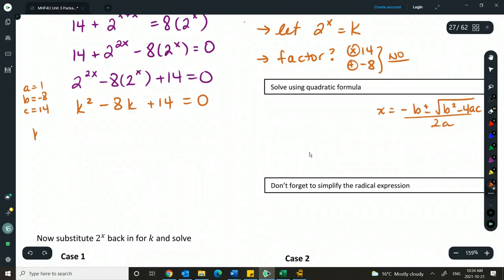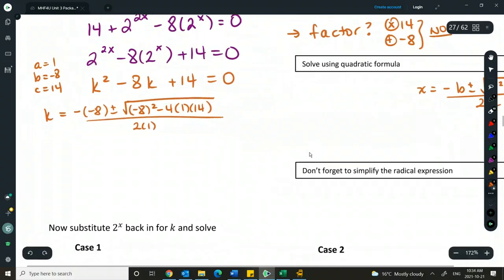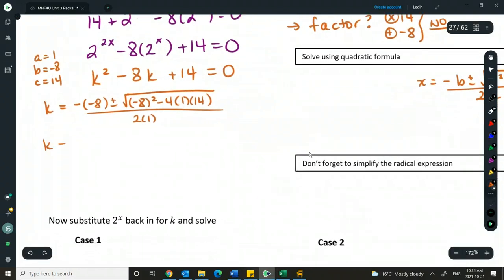Let's plug into quadratic formula. Okay, I'm just going to simplify this.